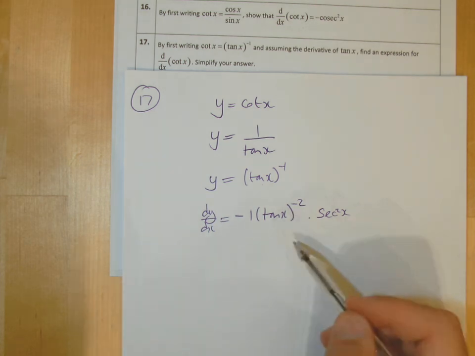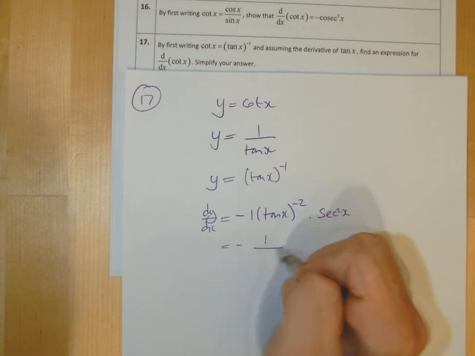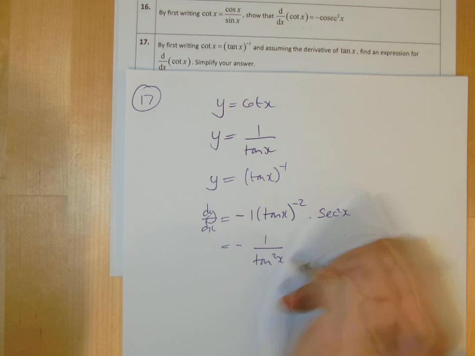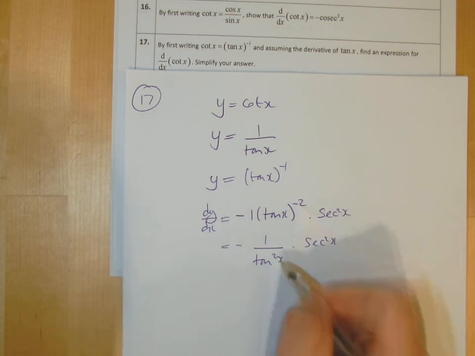Now what I would do next is rewrite this as minus 1 over tan squared x, times sec squared x. I'm doing that because it's a minus power 2 here, so take it down.